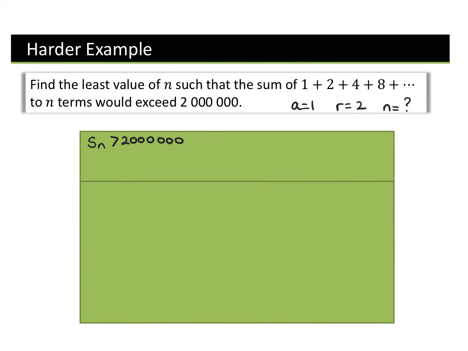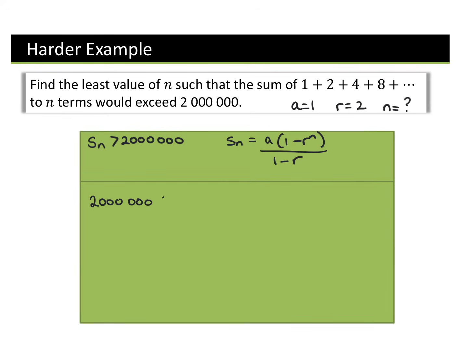Okay? So I know the sum Sn equals a bracket 1 minus r to the power of n all over 1 minus r. So I want my sum to be greater than 2 million.